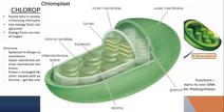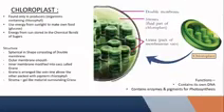So it consists of a double membrane and a fluid part named stroma. There are membranous sacs packed with the pigment chlorophyll, and these membranous sacs are called grana. So children, are you having an idea of the structure of the chloroplast?